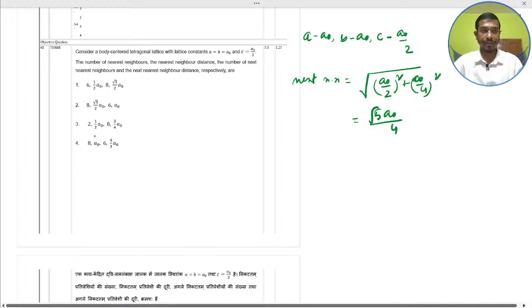So option 3 would be correct, because the first nearest neighbor number is 2, the distance is half a0, and the number of next nearest neighbors is 8, with distance root 5 by 2 a0. Option C would be correct. Next, go ahead.